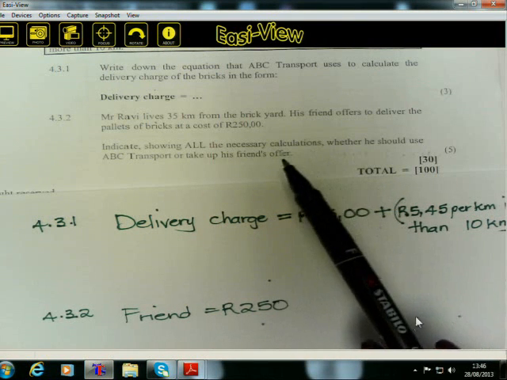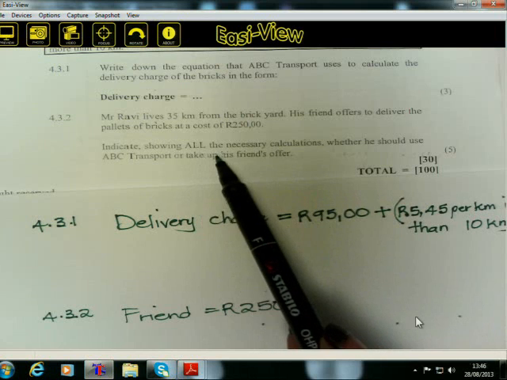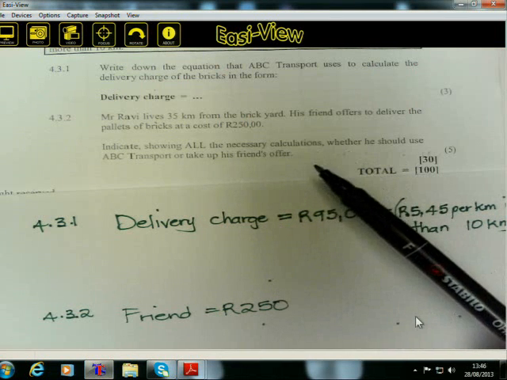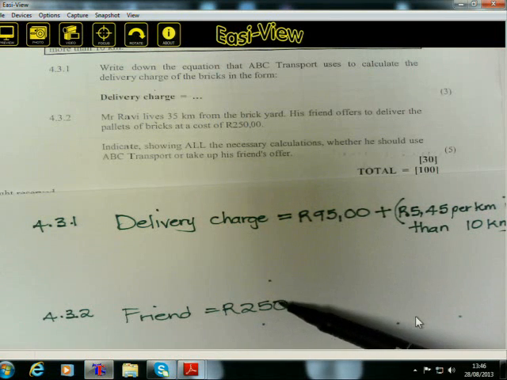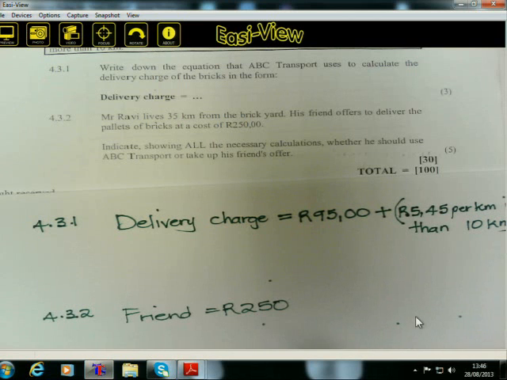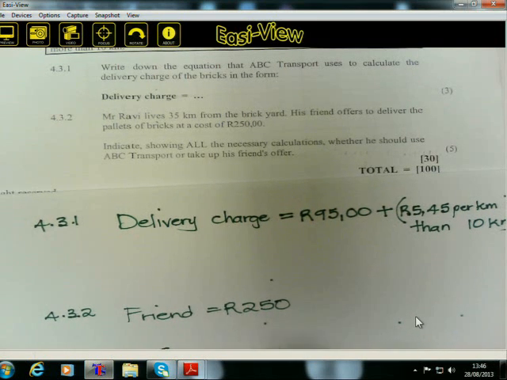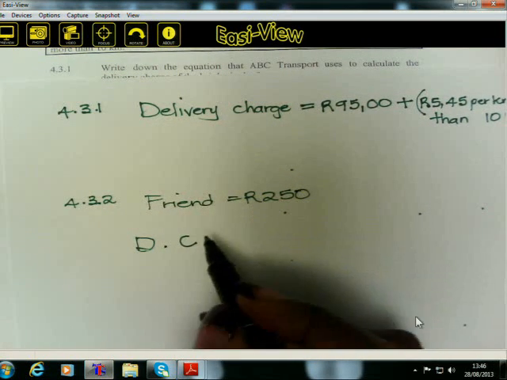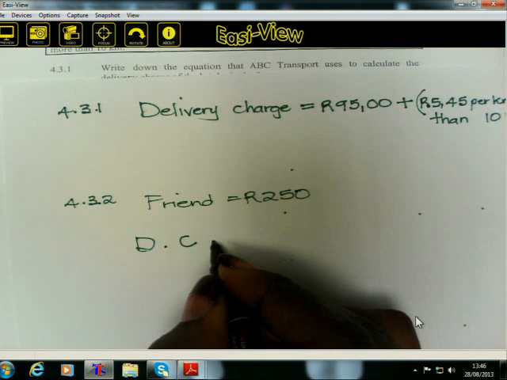Now we have to first find out how much will ABC charge him, so that we can then compare whether he must take the friend or whether he must go with ABC Transport. With the formula that we already have, I'll just say DC. In our formula, they're standing for delivery charge for ABC Transport.